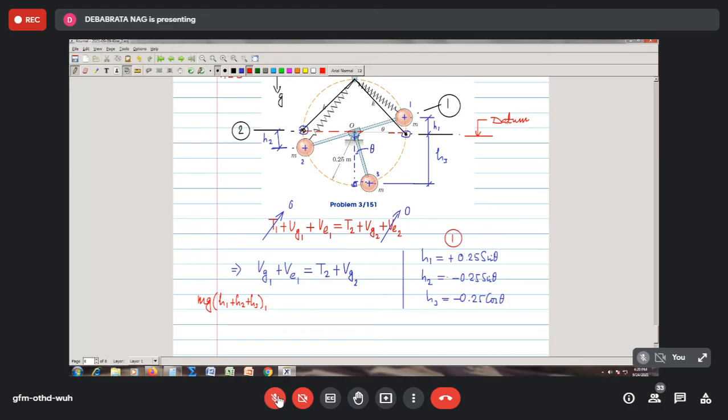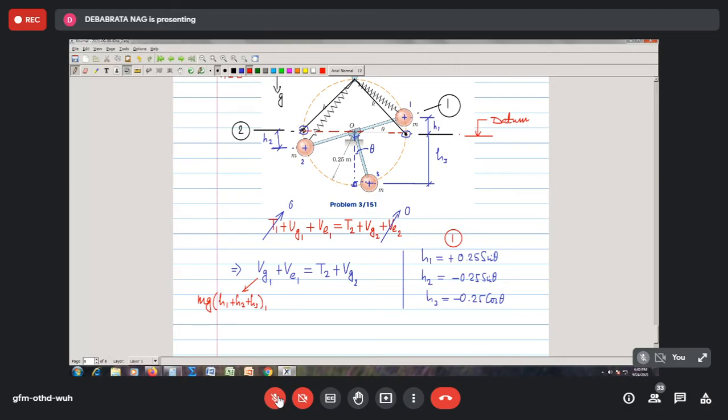If you sum them, you see H1 plus H2 becomes 0, because the center of mass of these two points is at the origin.